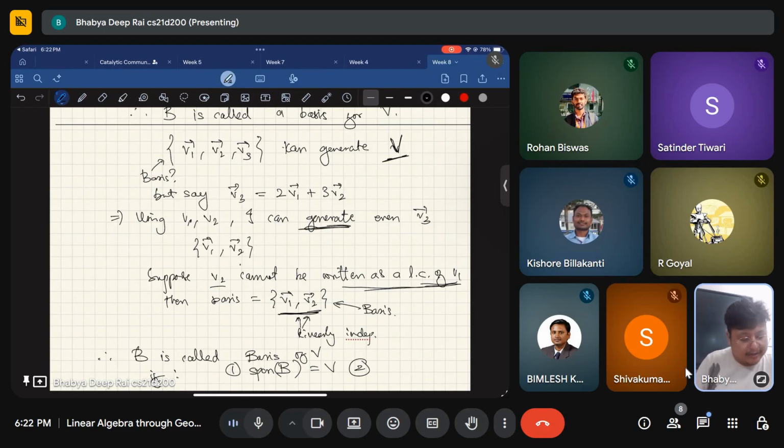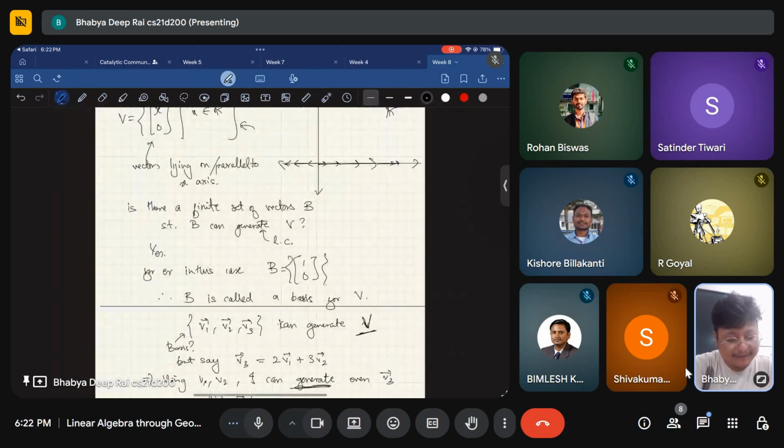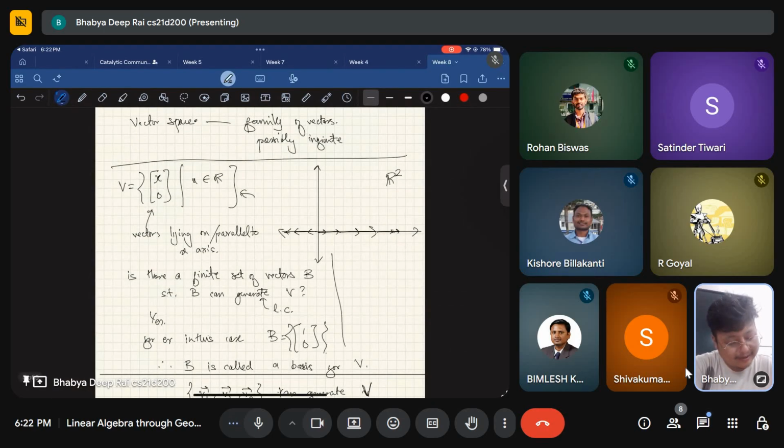The second point is that the vectors in B are linearly independent. So this was about bases and vector spaces, and then finally we talked about subspaces. S is a subspace of V if firstly S is contained in V and S forms a vector space.